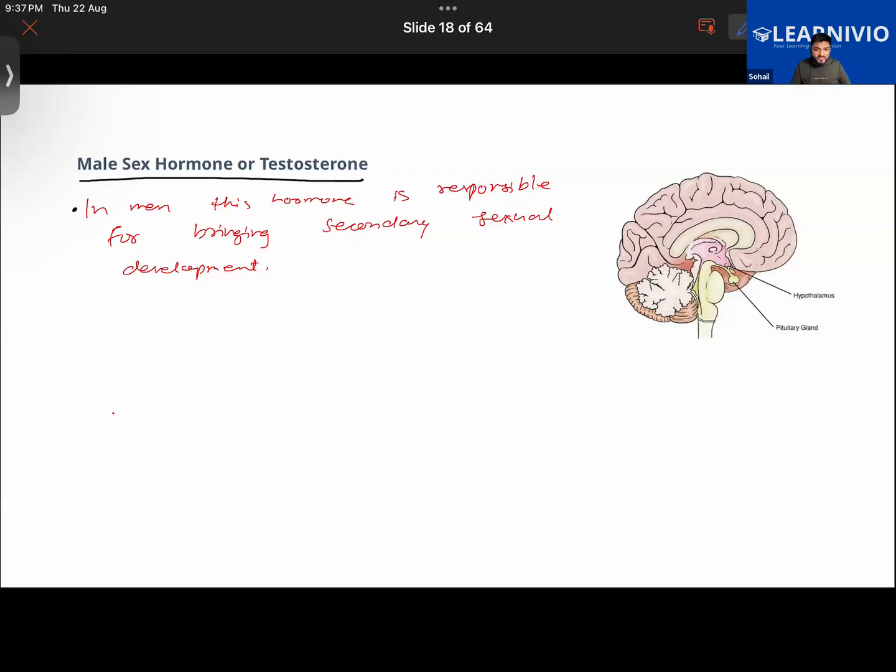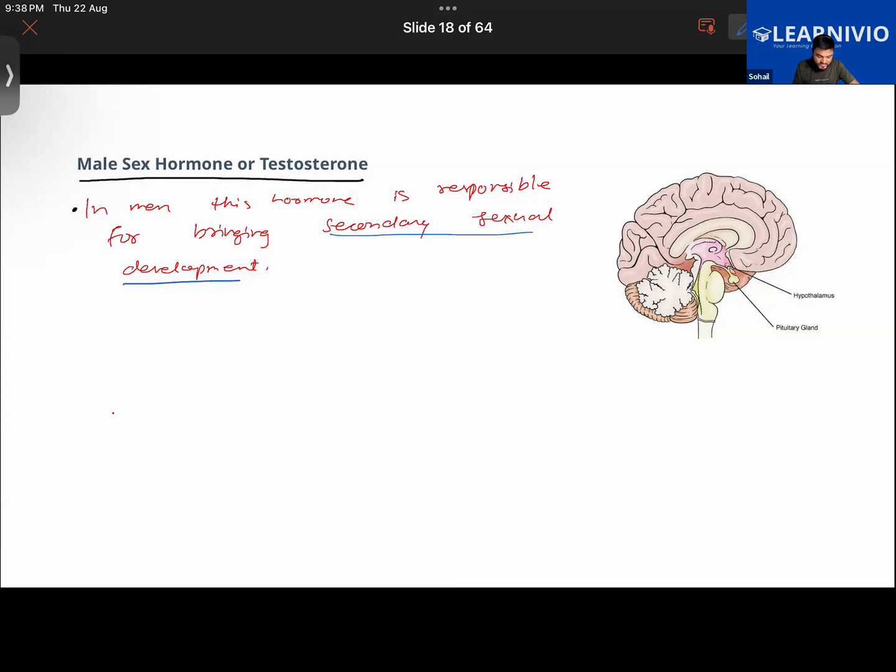You get to see the Adam's apple, which is much visible in men, but not visible in women. Getting it? So it is responsible for bringing out different secondary sexual development. Secondary sexual development basically refers to growth of height and other things which I've mentioned, like the growth of hair, etc. Okay.